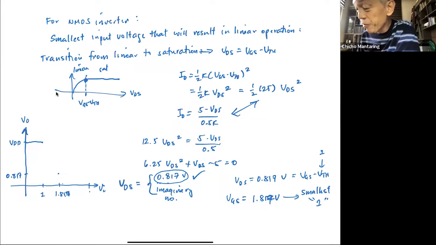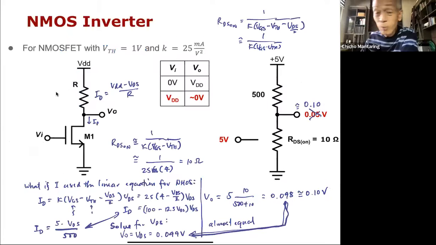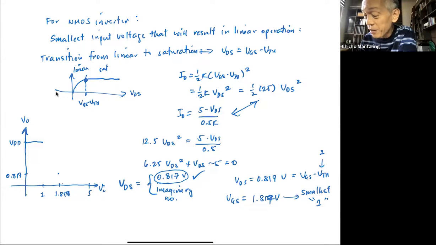When I'm at 5, I already computed when I'm at 5, my output is 0.099. No? So dito sa 5, 0.1. No? So this is 0.10. Yan, at 5. So this is what my curve will look like. No?